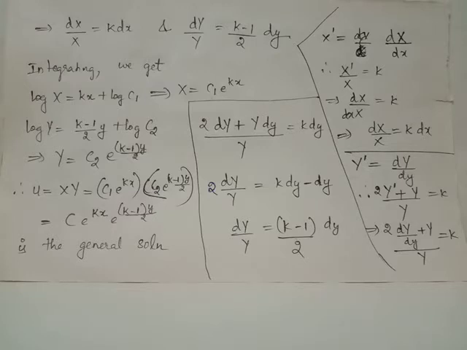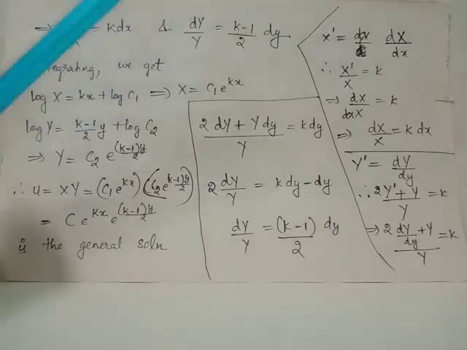Thus we have log(X/c1) = kx. When both sides of this equation are raised as powers of the exponential function, we obtain e^(log(X/c1)) = e^(kx), which becomes X/c1 = e^(kx). And we have X = c1 e^(kx).